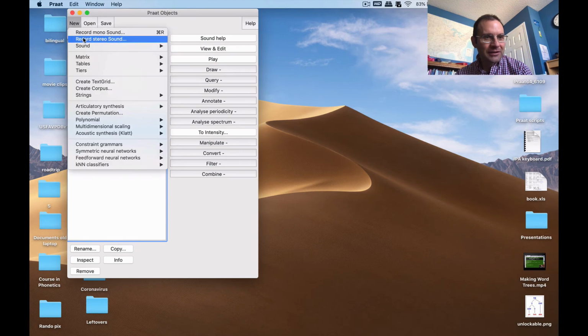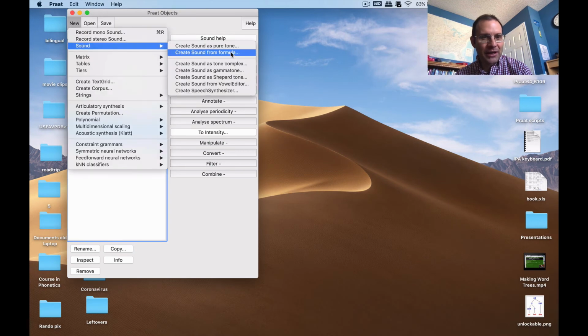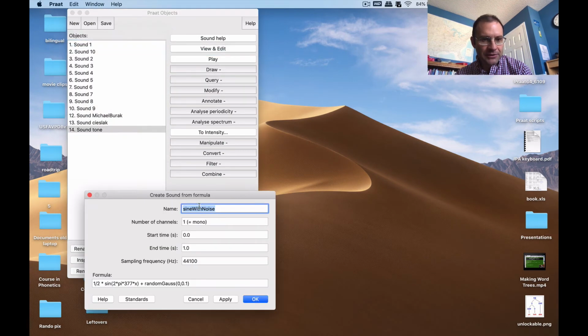Let's create 2 new sine waves from scratch. Yeah, and I'll do it this way. So the way we create this from a formula is that this number in the front is going to be the peak amplitude of the sine wave, and this number in the middle of this parenthetical expression is going to be the frequency.